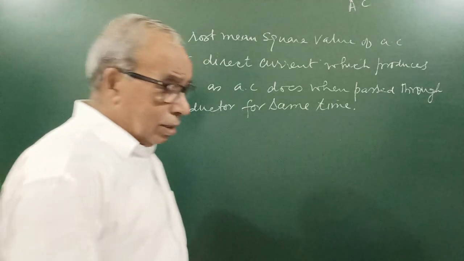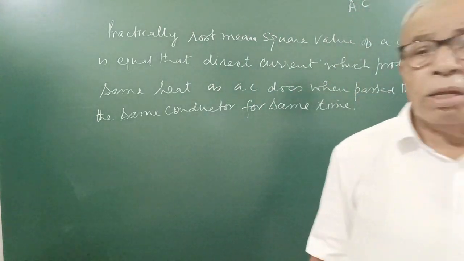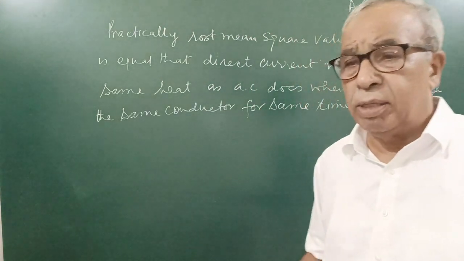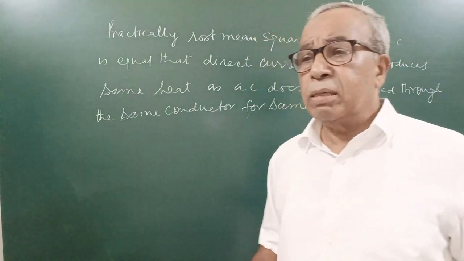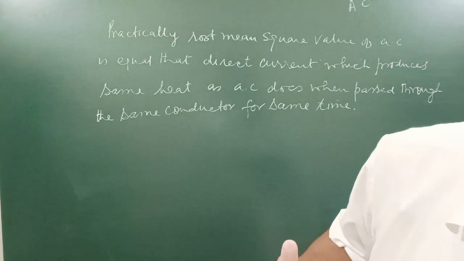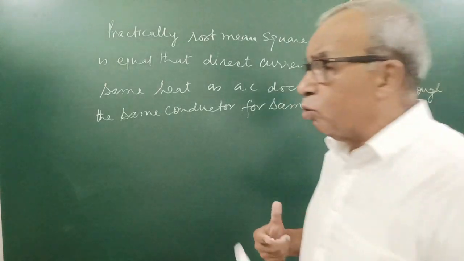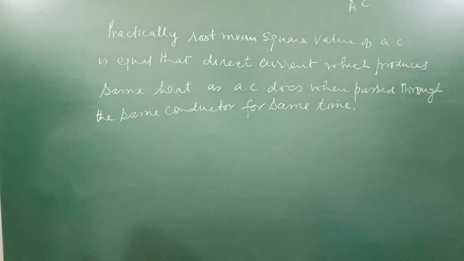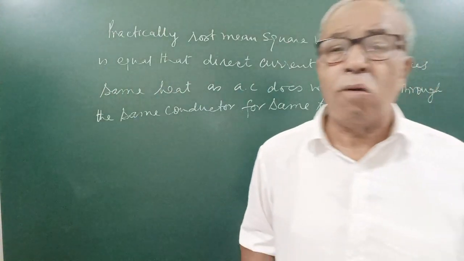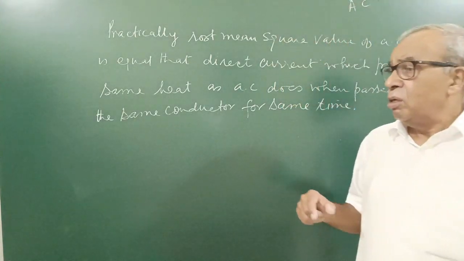Actually, I was just reading a book here. Every book involves physics in mathematics only. They don't explain the practical meaning, what is used practically. But when we pass electric current through any conductor, whether AC or DC, it produces heat, and by measuring that heat produced, we can measure the alternating current.